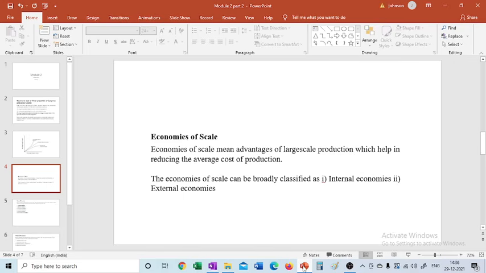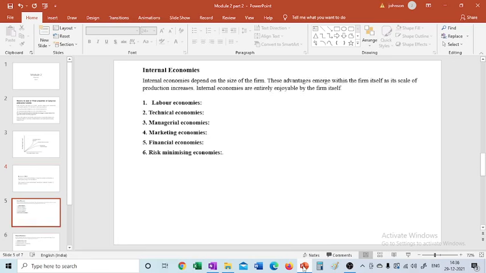We are discussing the reasons for increasing returns to scale. Increasing returns to scale occurs because of economies of scale, and economies of scale can be classified as internal economies and external economies. So what are internal economies? Internal economies mainly depend on the size of the firm, or these are the advantages that emerge within the firm itself because of its large scale production.